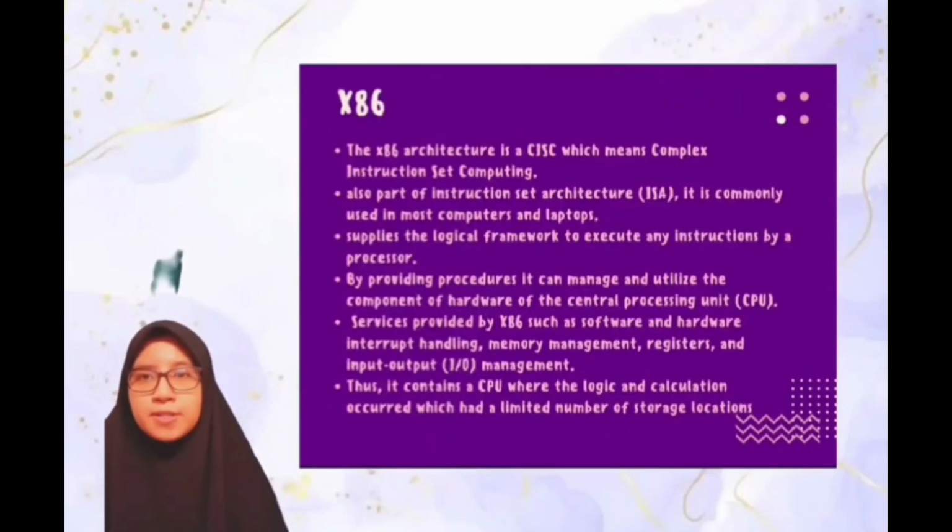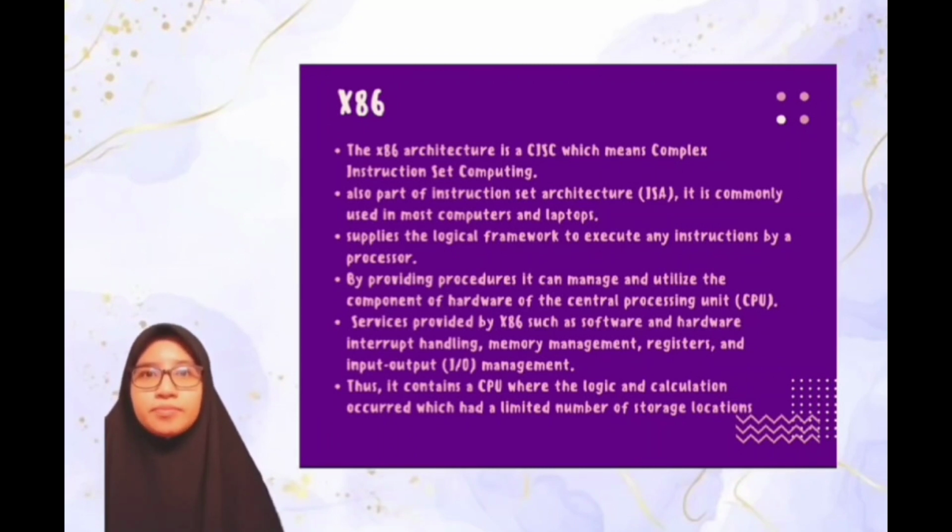First, I want to talk about the structure, design, and architecture of X86. The X86 architecture is a CISC, which means Complex Instruction Set Computing. It is also a part of instruction set architecture, and it is commonly used in most computers and laptops. It supplies the logical framework for a processor to execute any instruction.